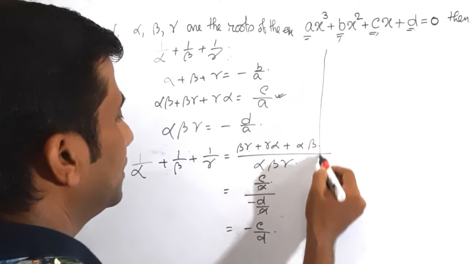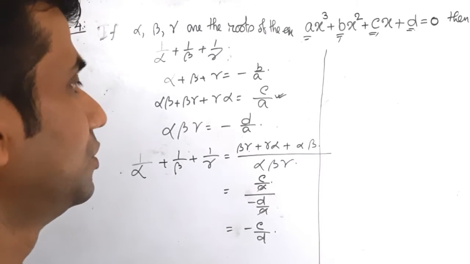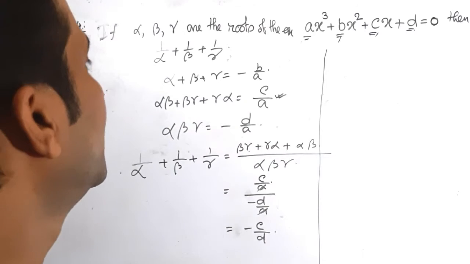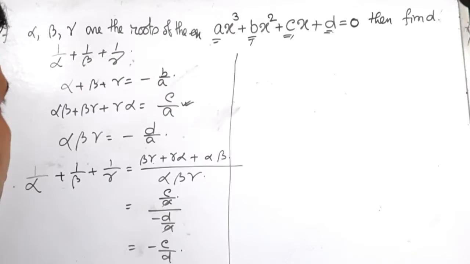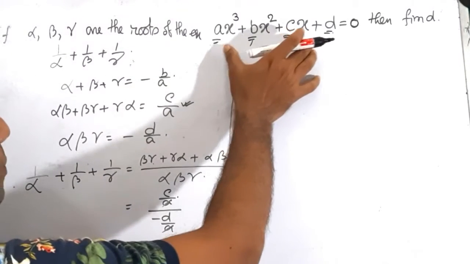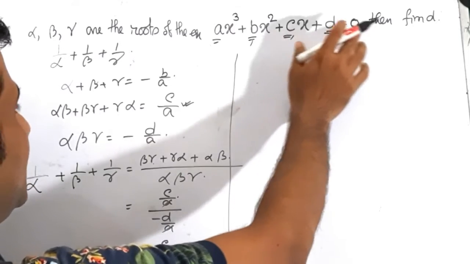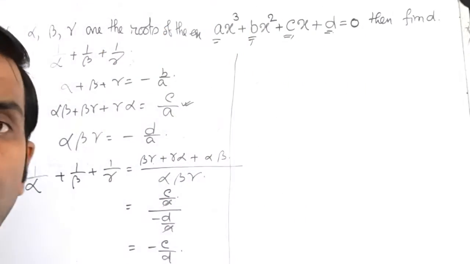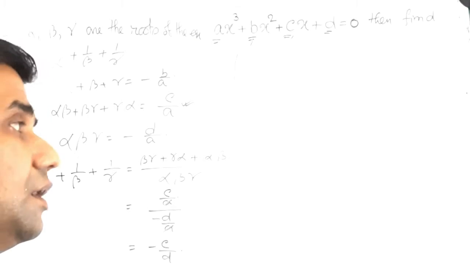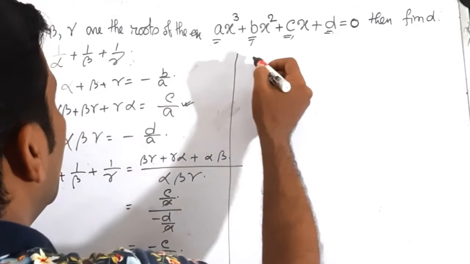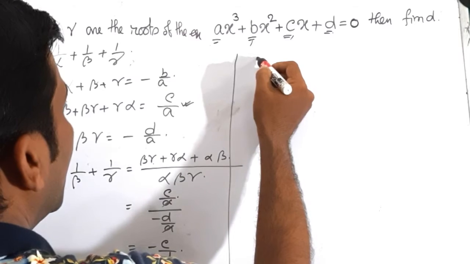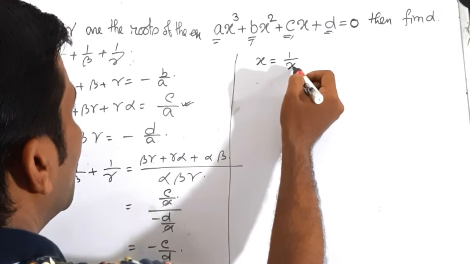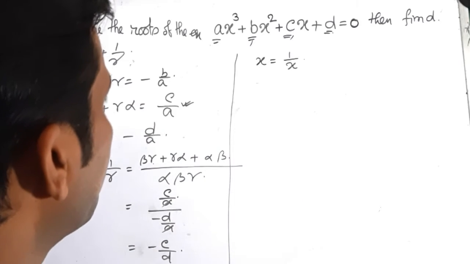You can solve it in another way. If ax cube plus bx square plus cx plus d has roots alpha, beta, gamma, then we can find an equation by substituting x is equal to 1 by x.